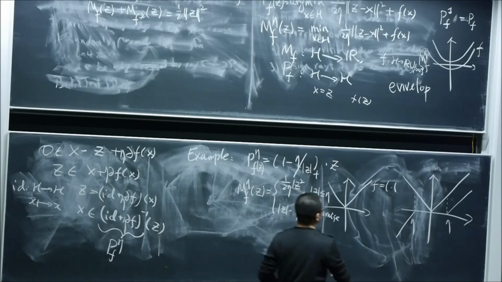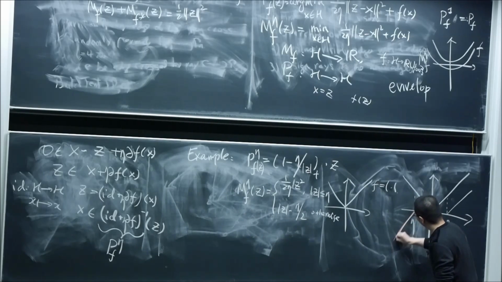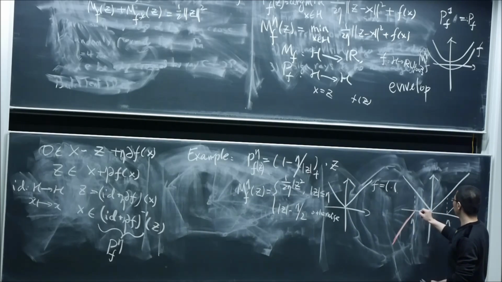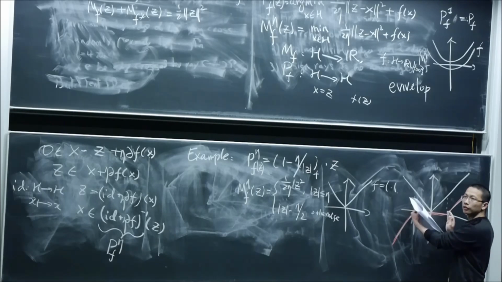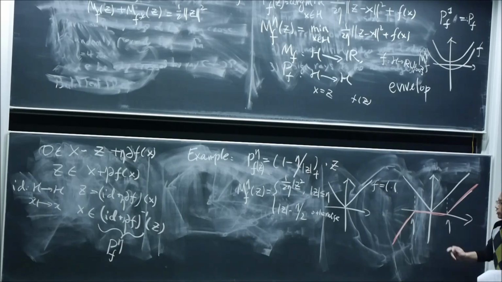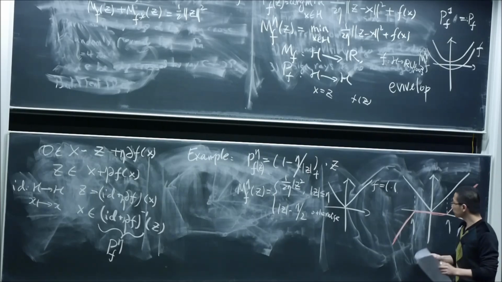So the proximal operator of the absolute value is this. Everything smaller than eta truncates to 0. And everything bigger than eta, you get the linear growth here. So that's why you use the L1 norm. You get sparsity. Anything smaller than eta will be truncated to 0 in the proximal operator.